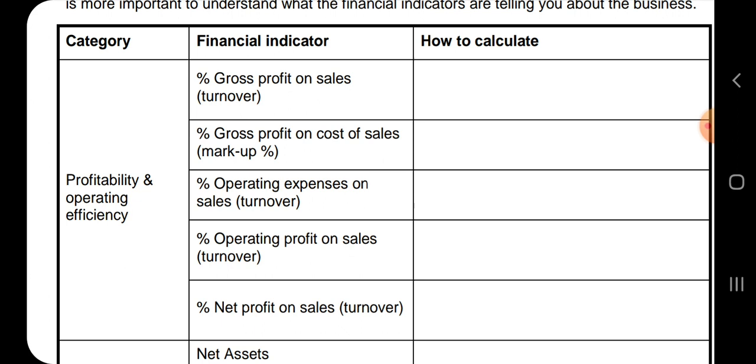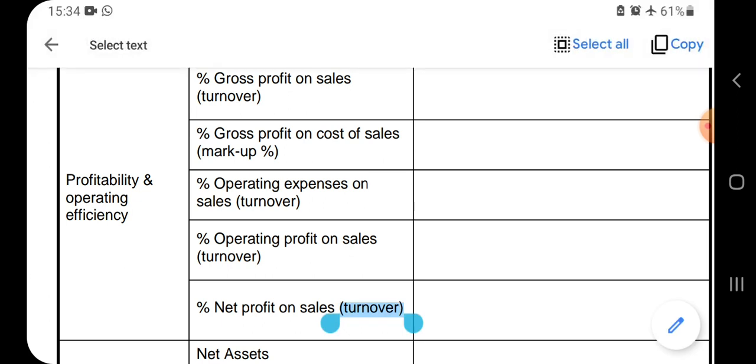The analysis of profitability in relation to the capital invested in assets gives an indication of management's effectiveness in the utilization of funds available to the business. So we have to know how the management effectively uses funds available to the business. So we quote these ratios. This is for profitability.